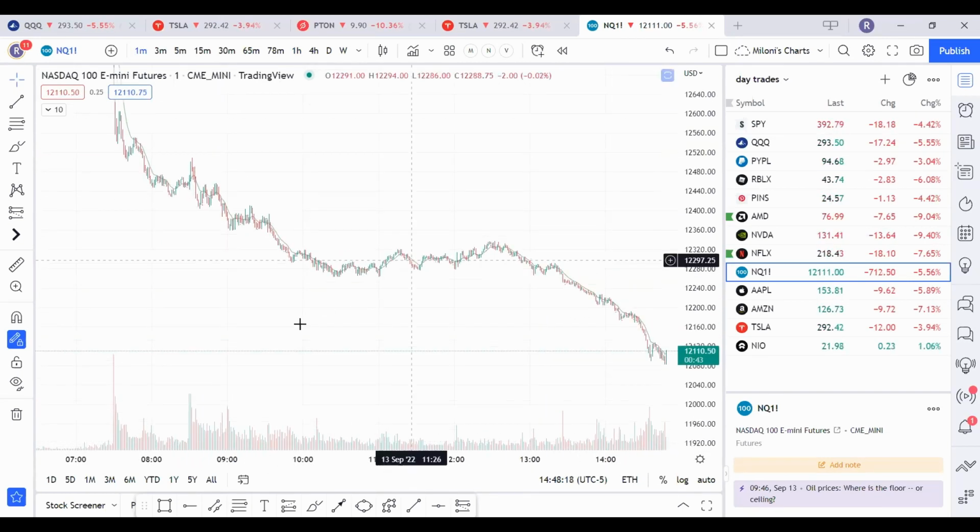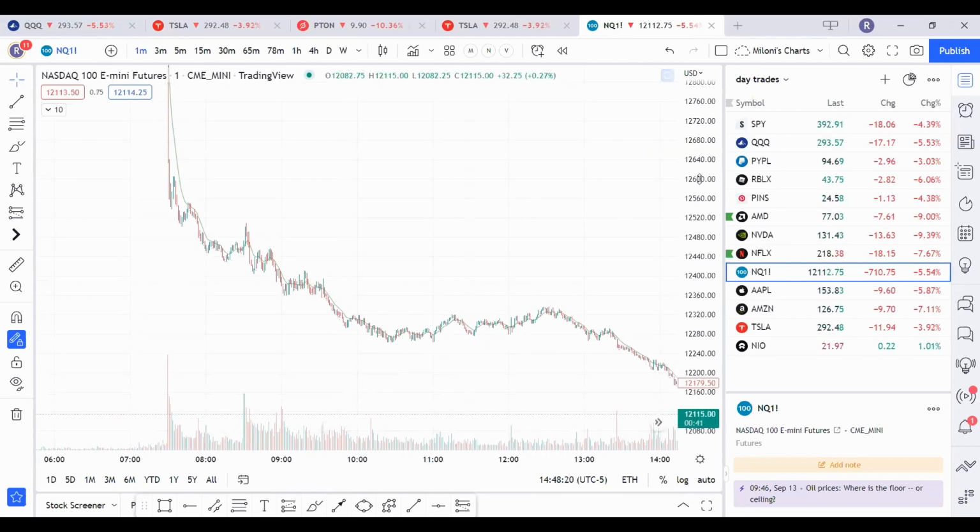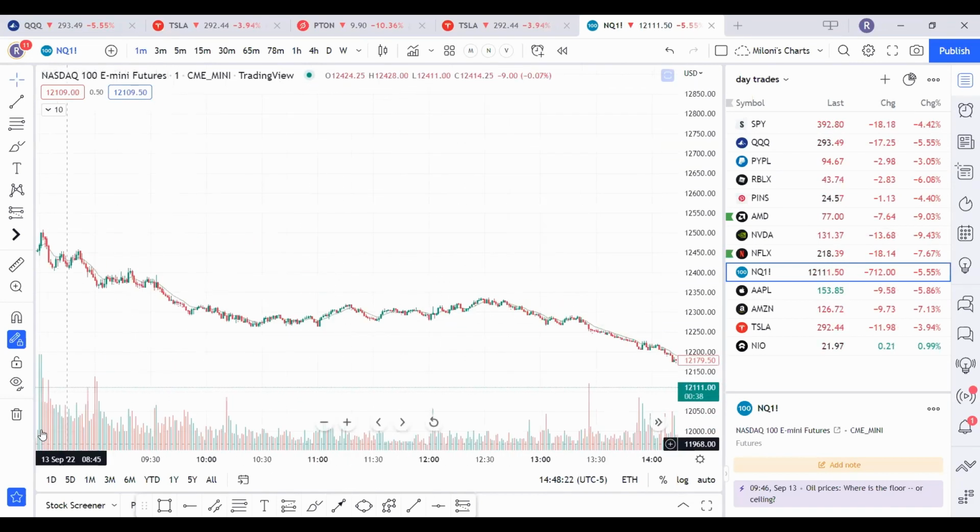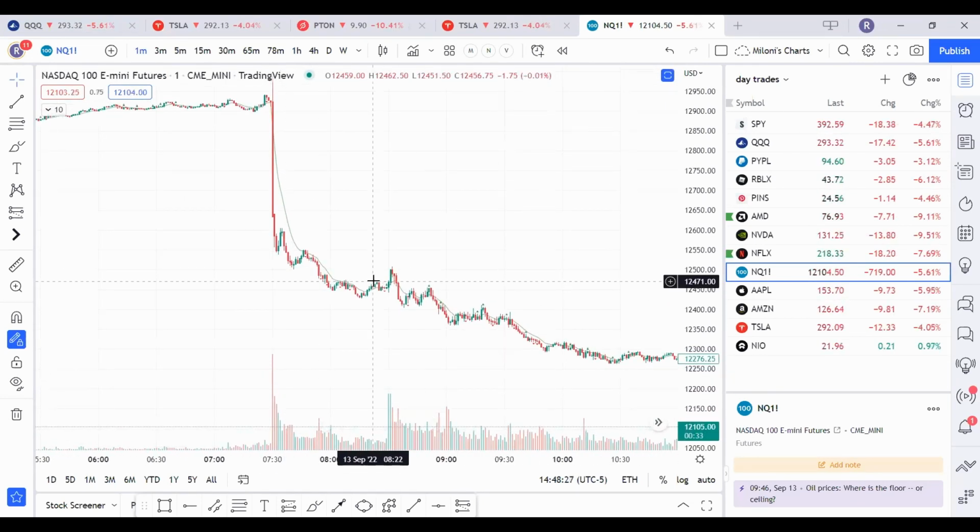All right, let's zoom in and find our guy. Okay, here we go. This is a 1-minute chart at 8:30. Wait a minute, that doesn't look right, but okay, cool. This is a 1-minute chart right over here. And here we have this higher high.